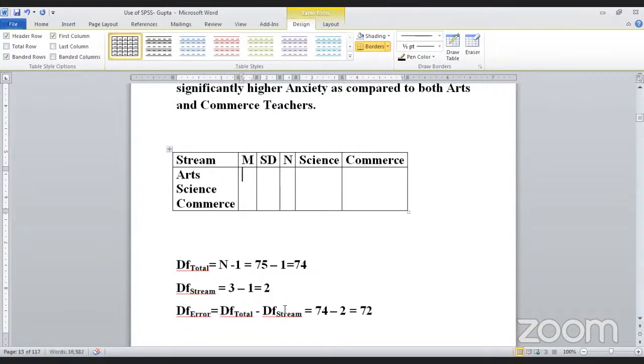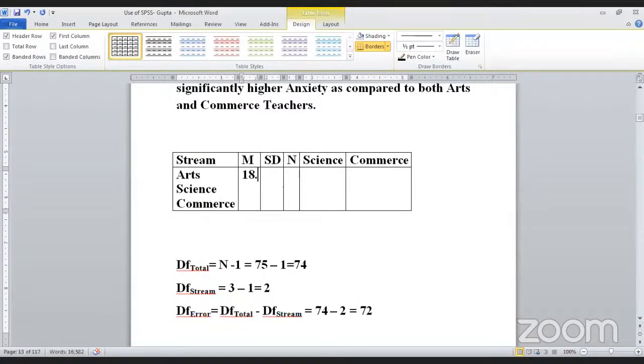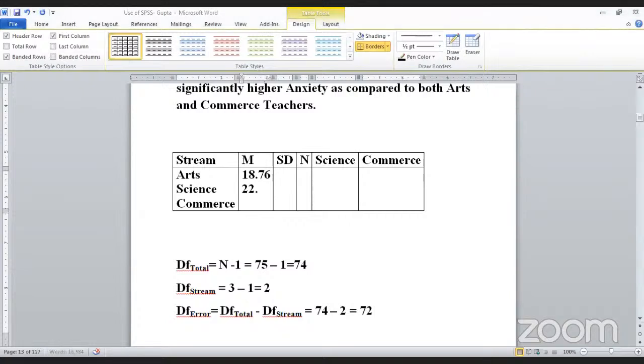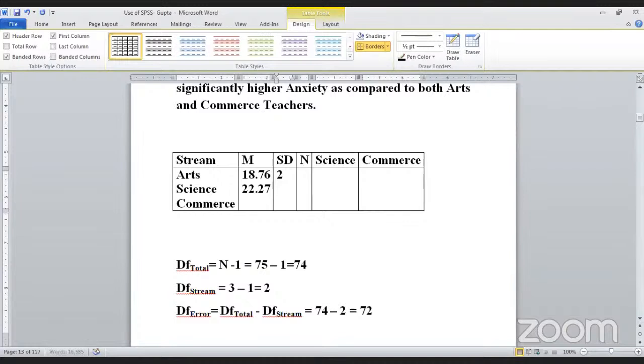So here the mean is 18.76, and here the mean is 22.27, and the standard deviation is 2.15, and another value of standard deviation is 2.81.